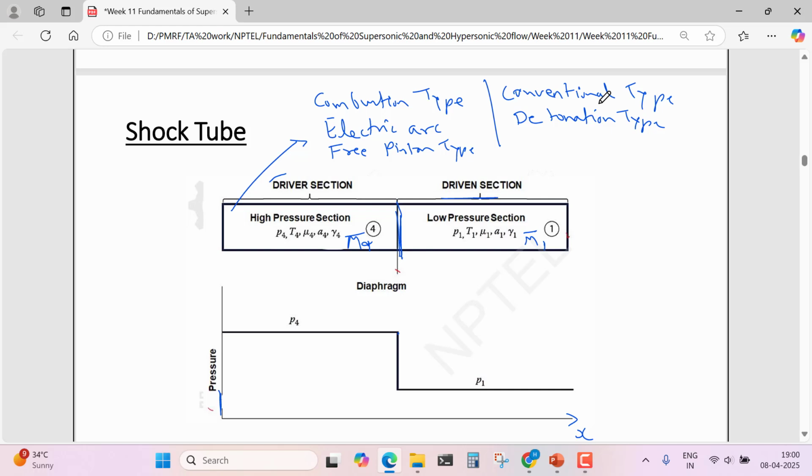There is also one more type of impulse facility, which is called an expansion tunnel. In an expansion tunnel, after the driven section there will be a secondary diaphragm, and after that there will be one more section which is called the expansion tube. It is kept at a lower pressure than the low pressure section, and due to this low pressure, when the secondary diaphragm bursts, there will be an unsteady expansion of this driven gas, due to which the gas is further accelerated, and which will create a much higher enthalpy flow compared to the shock tube and reflected shock tube.